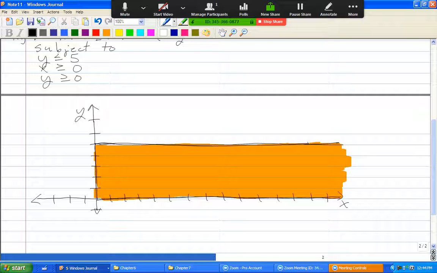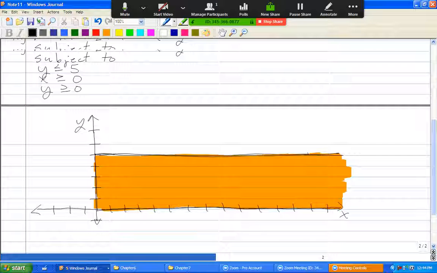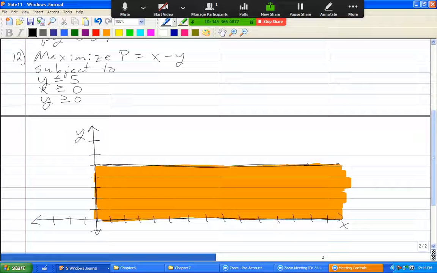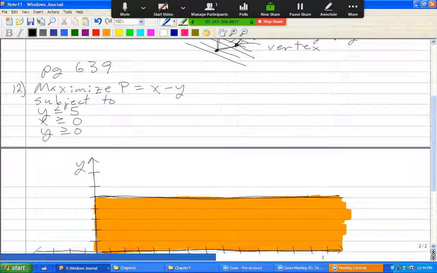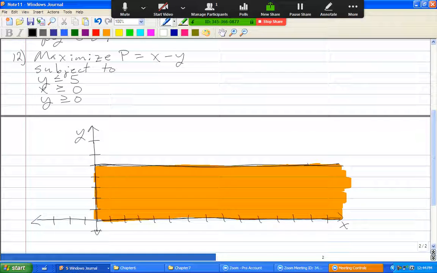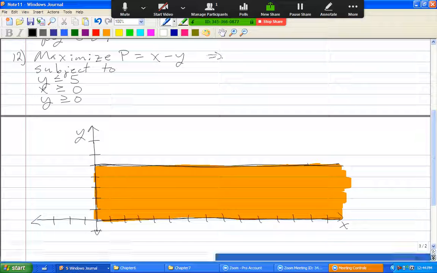So let's just say that the maximum must occur along the boundary. So let's look at this.